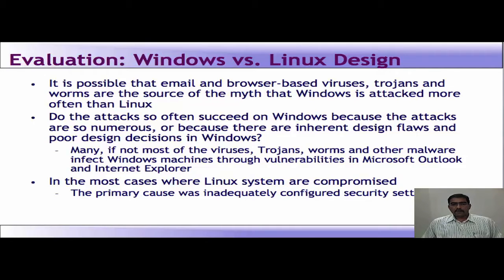Many, if not most, of the viruses, trojans, worms and other malware infect Windows machines through vulnerabilities in Microsoft Outlook and Internet Explorer applications. In most cases where Linux systems are compromised, the primary cause was inadequately configured security settings.